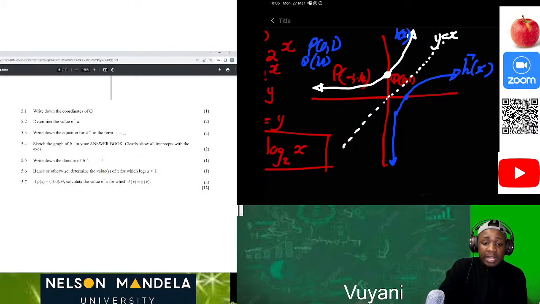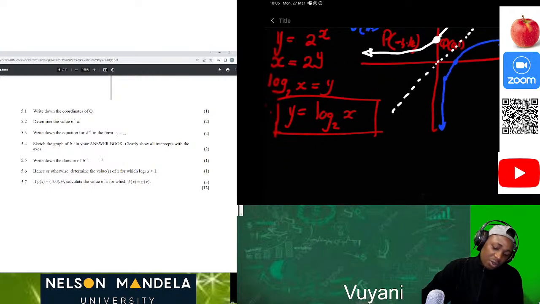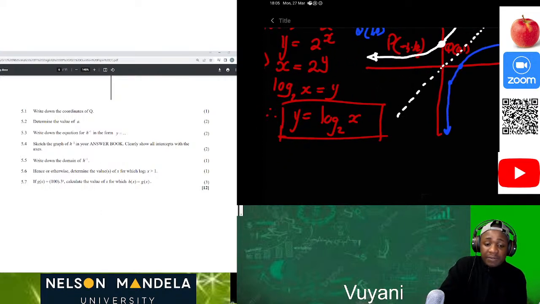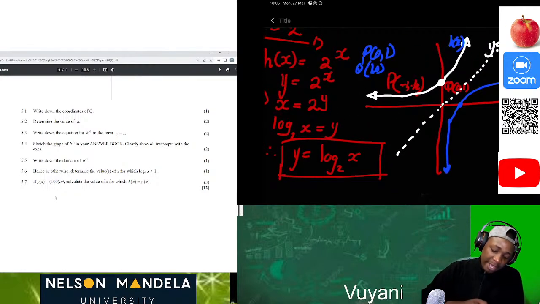Now write down the domain of h inverse. So guys, this is how inverse functions work. The domain of h of x is the range of the inverse function, and the range of the inverse function is the domain of h inverse. So in this instance we must look at the range of the original function.